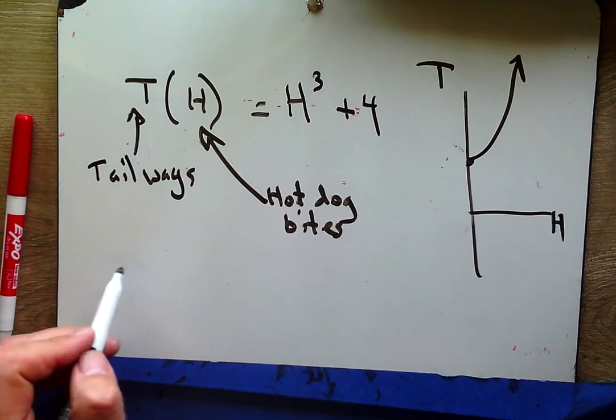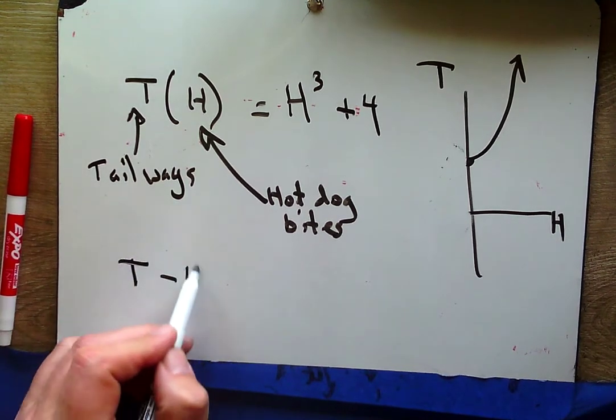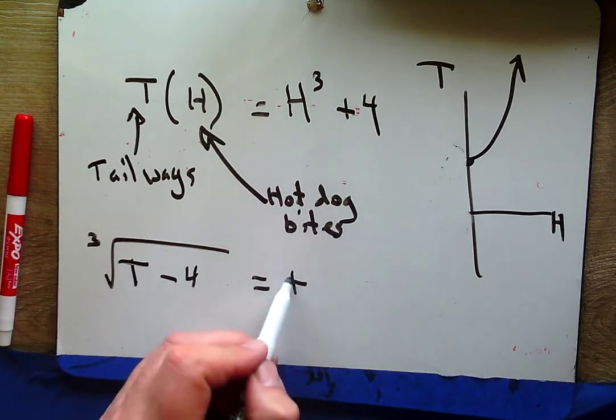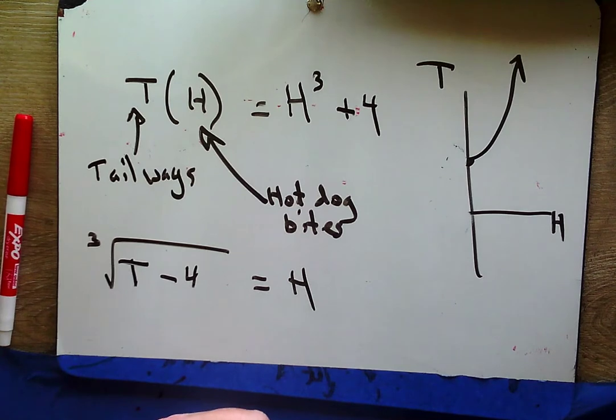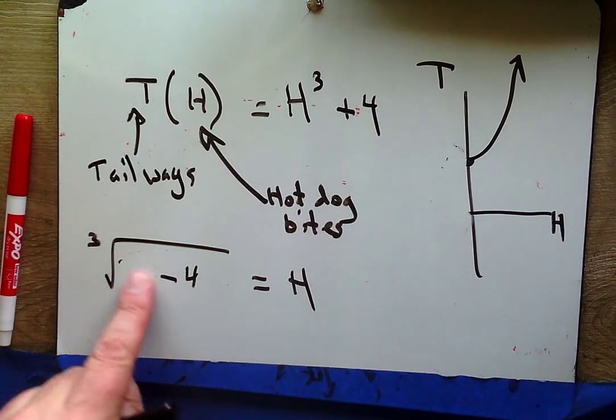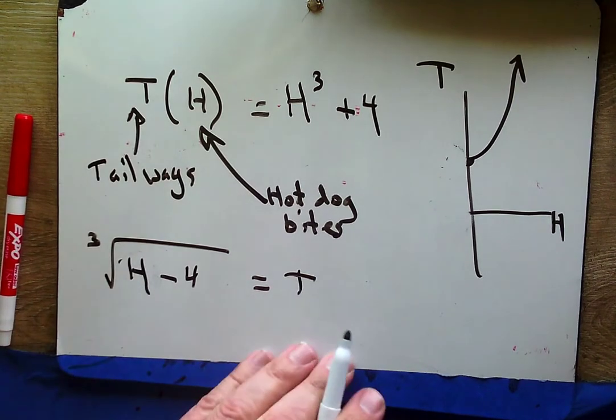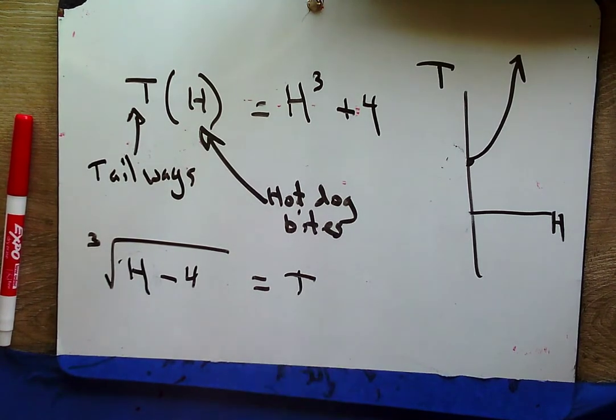Did you get t minus 4 under a cube root equals h? Me too. Wait, you're saying you had something different? You had this? Well, that doesn't make sense to me at all. Why doesn't that make sense?